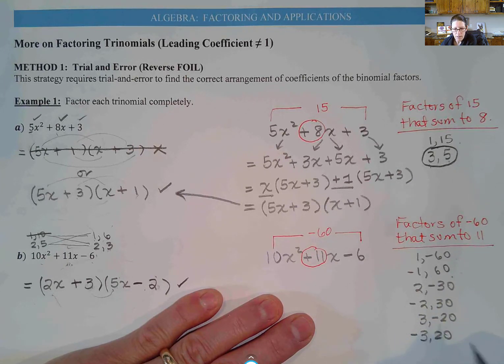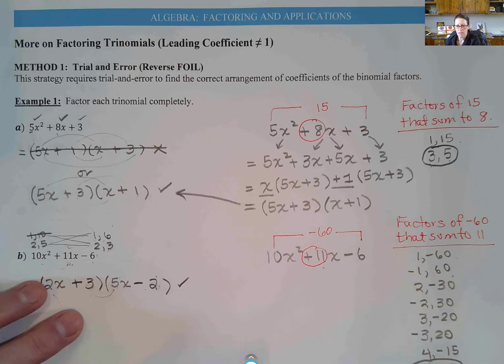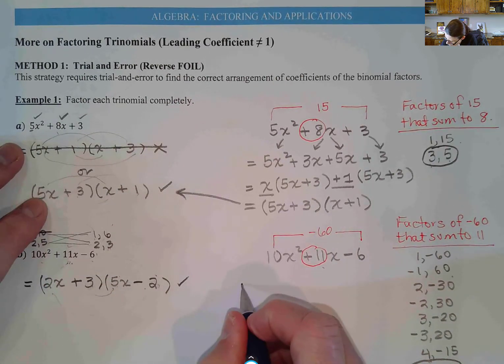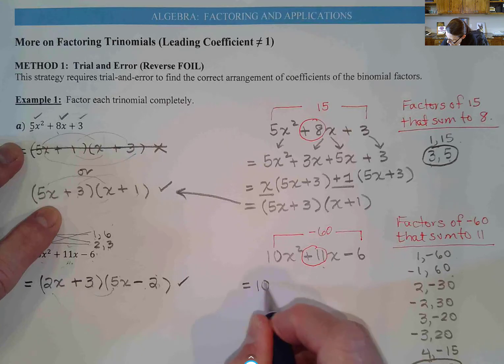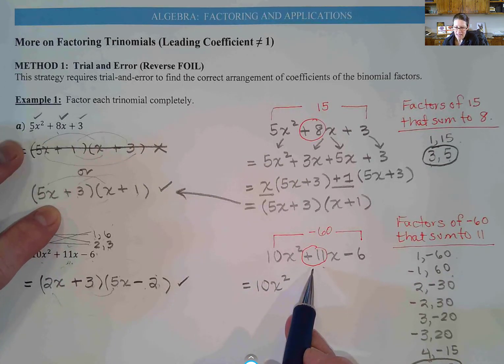Negative 4, positive 15. Those sum to 11. And those are our winners. Winner, winner, chicken dinner. And so, we're going to split that term 11x into two pieces, minus 4x and plus 15x.